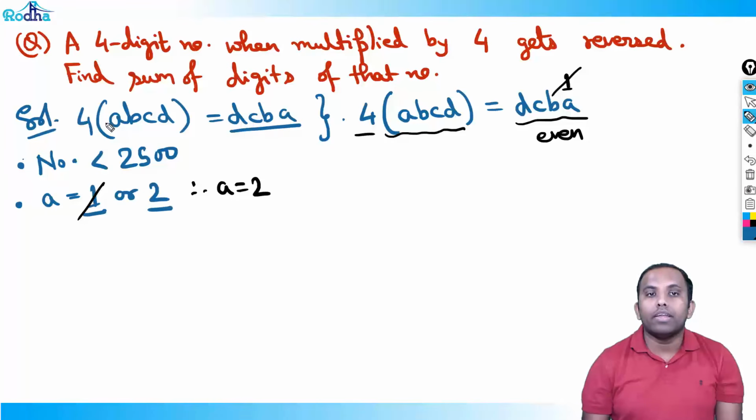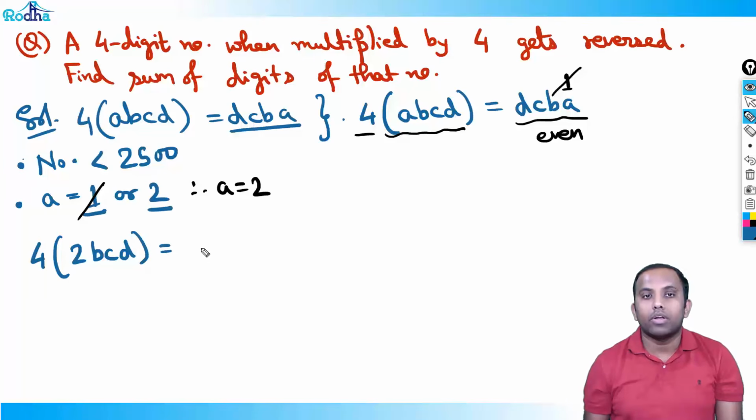Right? Now, if A is 2, then if we found the first digit A as 2, we can find the first digit here also, that is D. So let me write the equation as 4 into 2BCD is equal to, now since A is 2, DCB2. So what is 4 into 2? 4 into 2 is equal to 8, right?